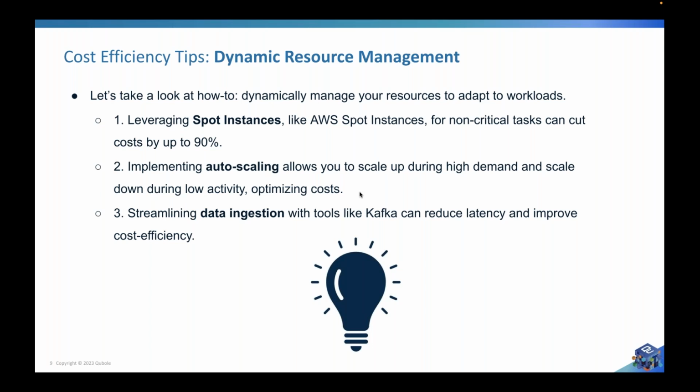And finally, streamlining data ingestion with tools like Kafka will reduce latency and improve cost efficiency. Of course, in the cloud you have other options like Kinesis, which will make sure you have better data ingestion.